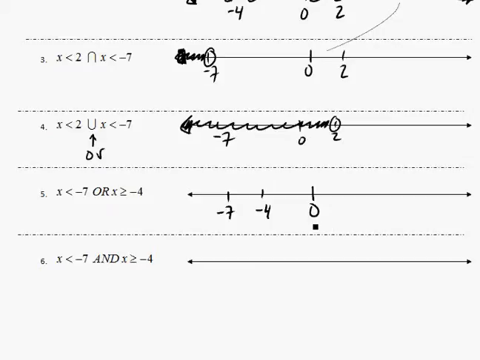If we want the numbers that are either less than -7 or greater than or equal to -4, we just want to graph all of the values of x that make one or the other of these inequalities true, which would include all of the numbers to the right of -4, including -4, since x is greater than or equal to -4, and all the numbers to the left of -7 as well, since these are all the numbers that make one or the other of the inequalities true.